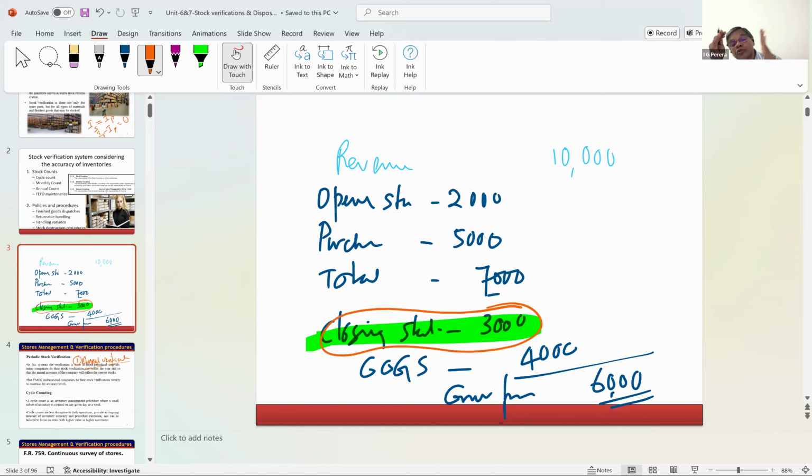What do you think about this closing stock? If you take the closing stock as per the balances shown in the system, to which degree will it be correct? That is one question: the accuracy of the closing balance as per the system.